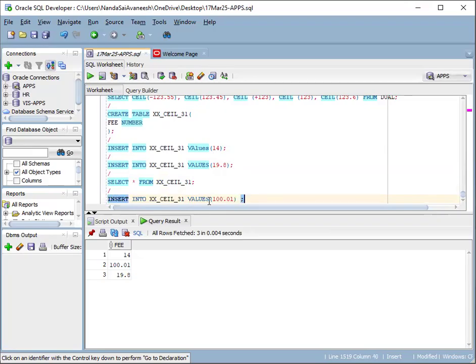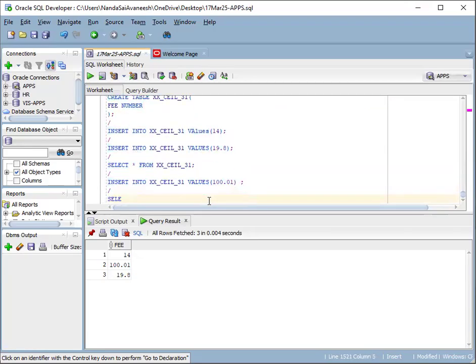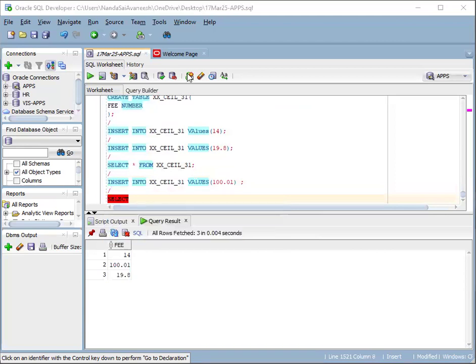Okay, now I want to convert these values using CEIL. Select from the table XX_ceil_31. These are the values I am getting.